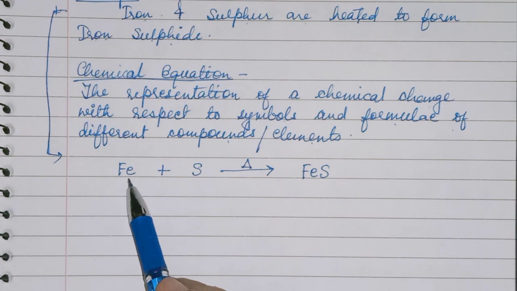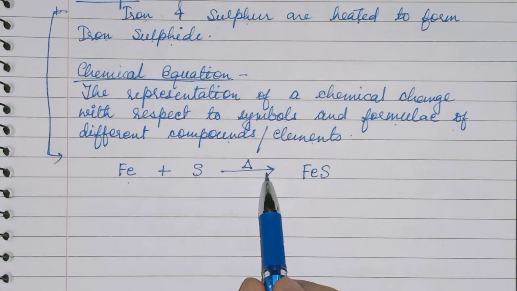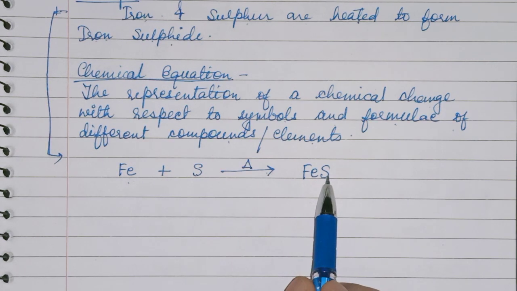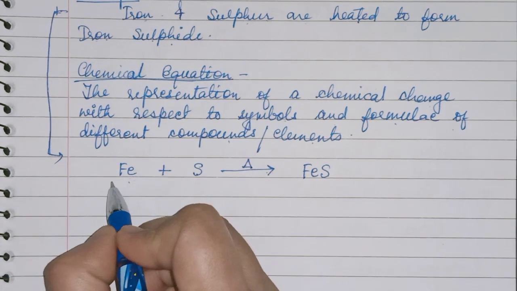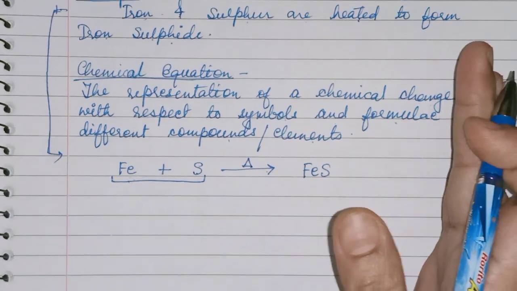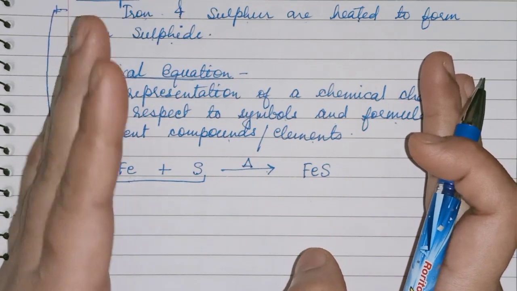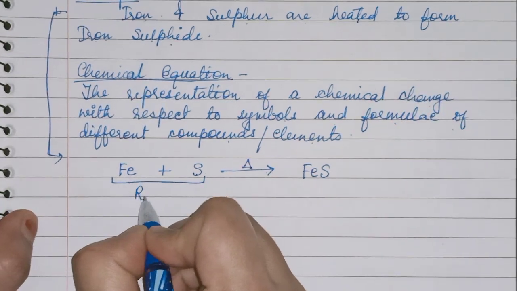So here Fe plus sulfur on heating gives iron sulfide. One more thing you have to understand here: on your left hand side is your reactant.